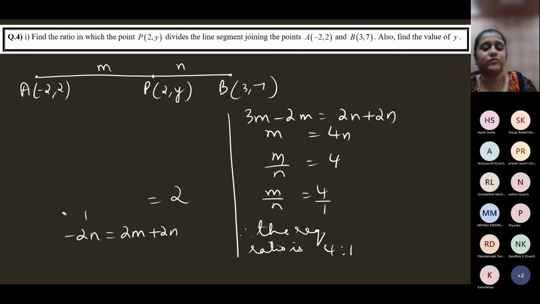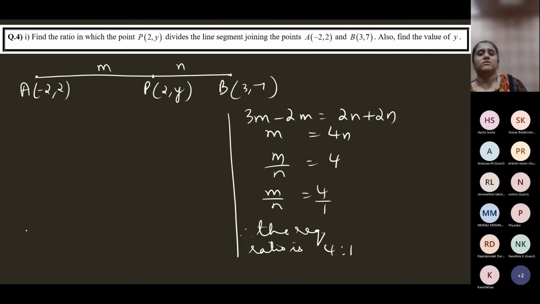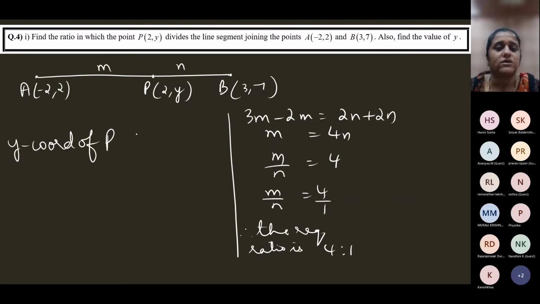Okay, now we found the ratio. The first question was to find the ratio. Now we'll find the value of y. So who's y? Y is the y coordinate of P, which is the point of division. So we need to find y. Y coordinate of P is given by (m y2 + n y1) by (m + n).